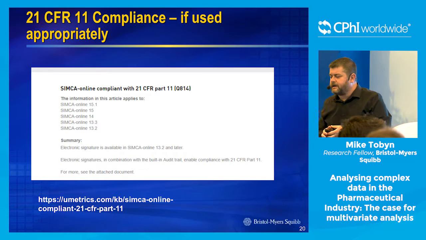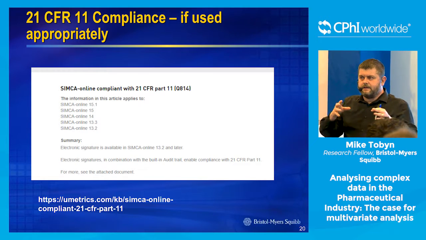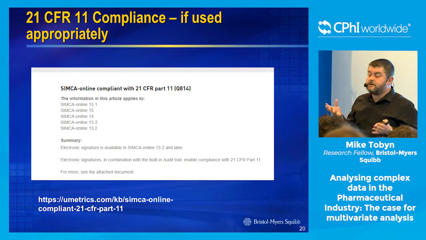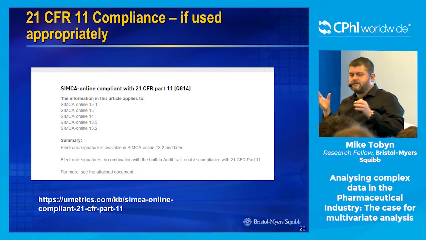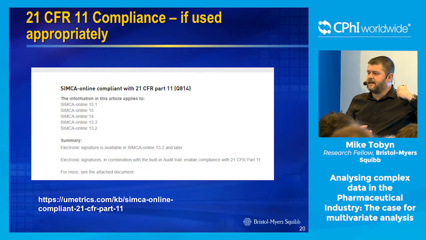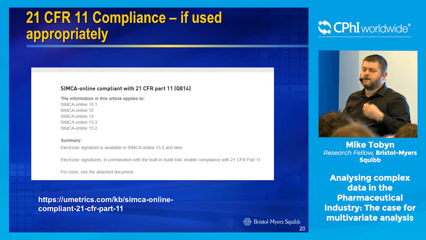By the same token, the people that have developed the support mechanisms to allow us to use those techniques have in some cases validated their systems. So multivariate analysis and chemometrics can be done using the SIMCA tools.